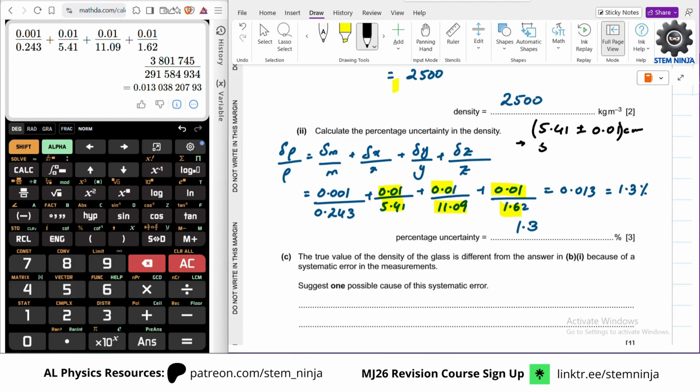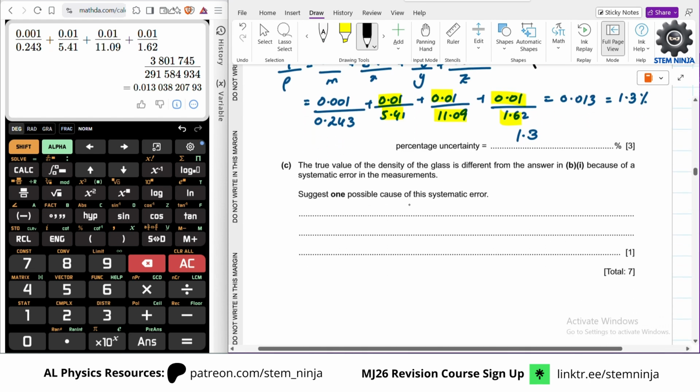So this would become 5.41 times 10 raised to the power minus 2, and the uncertainty would also be multiplied by 10 raised to the power minus 2. So the percentage uncertainty or the fractional uncertainty remains the same.